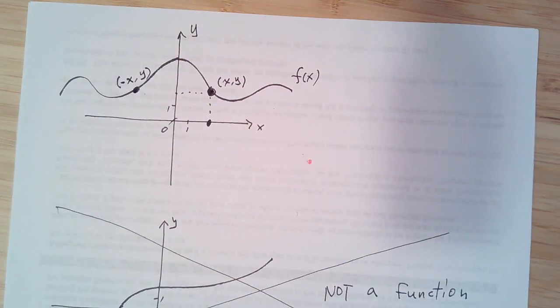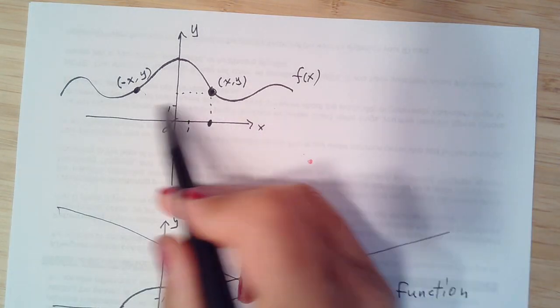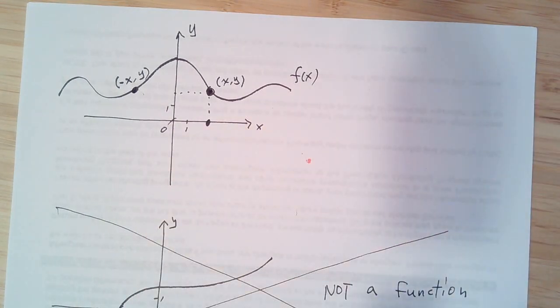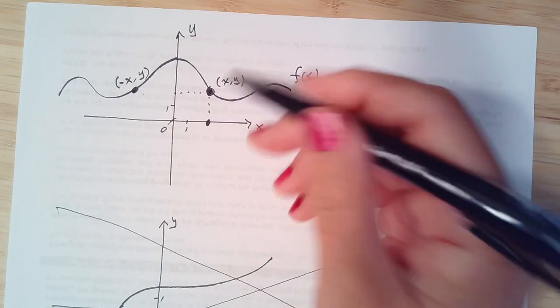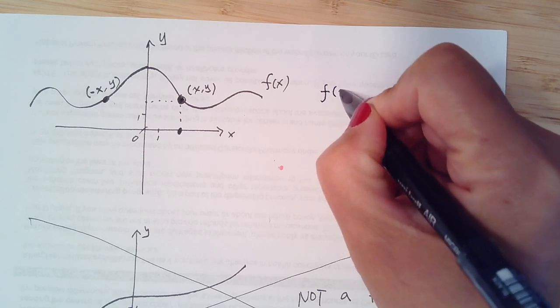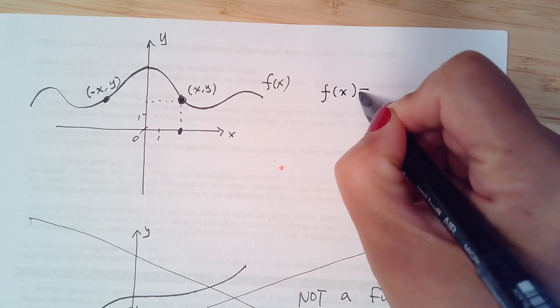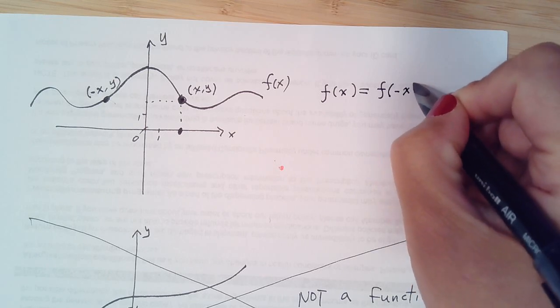You agree? Because the x values for these two points are just positive and negative, right? They're symmetric. However, their y value is exactly the same. Therefore, what we can tell is, important here, f of x equals f of negative x.